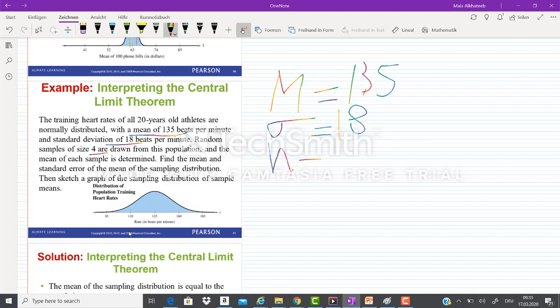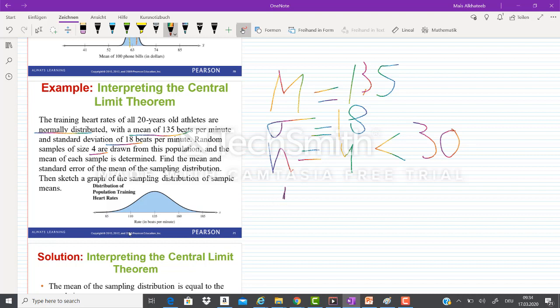How much is n? n is very small now, it equals 4, but they give me another piece of information that the population is already normally distributed. So I can apply the second case of the central limit theorem. Although n is smaller than 30, the distribution of the sample mean will also be normally distributed.